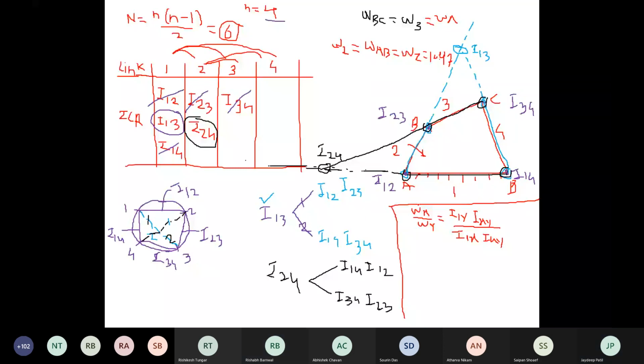First of all, write down here omega 3 upon omega 2 or omega 2 upon omega 3 is equal to I12 I23 upon I13 I23. Correct.